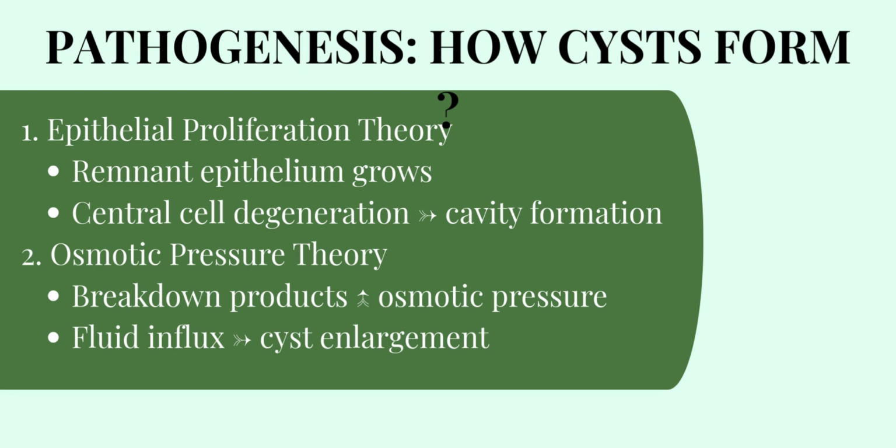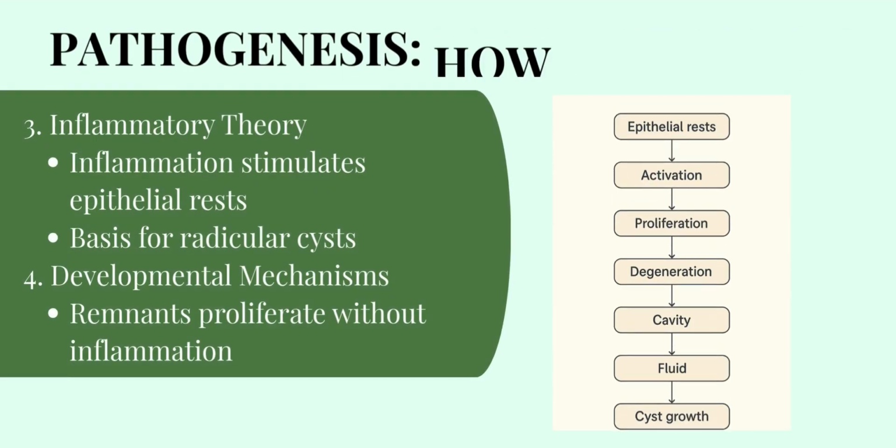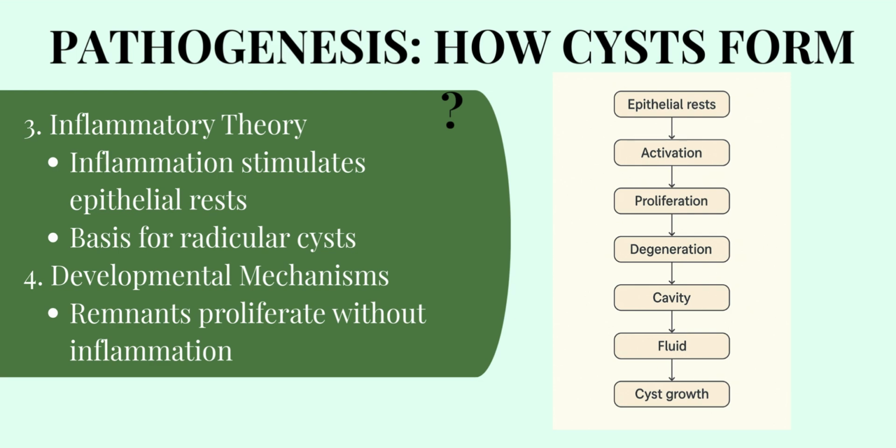Another mechanism is the osmotic pressure theory. As epithelial cells degenerate, the breakdown products increase the osmotic pressure inside the cavity. This causes drawing in of fluid from the surrounding tissues, causing the cyst to slowly enlarge. In inflammatory cyst, particularly radicular cyst, inflammation triggers the proliferation of the rests of Malassez.